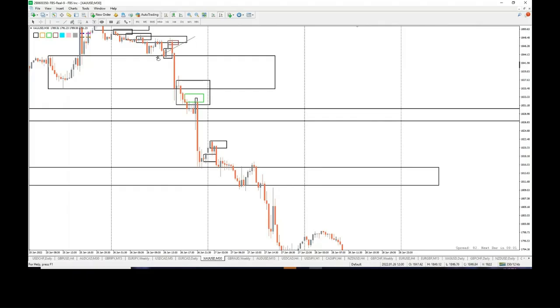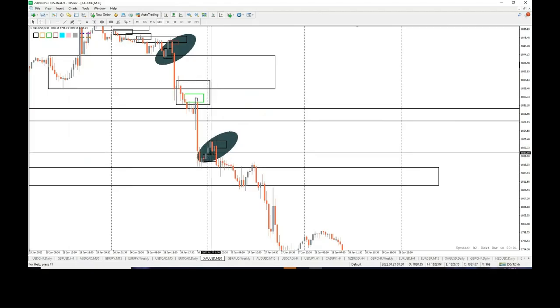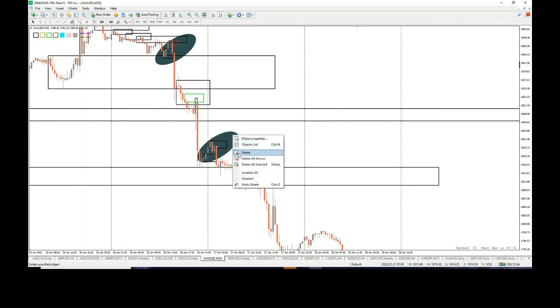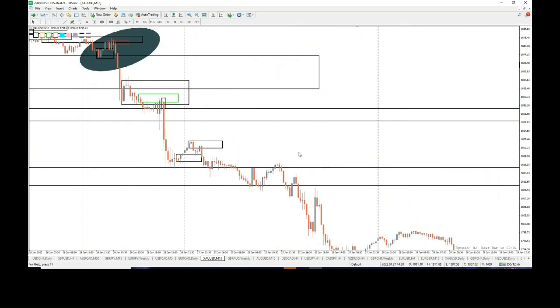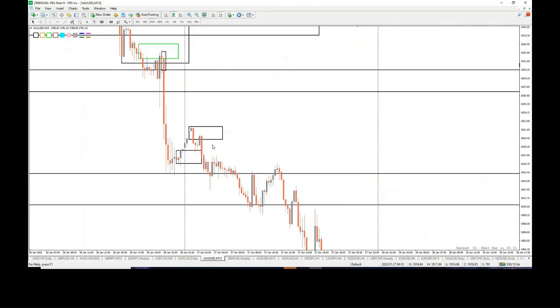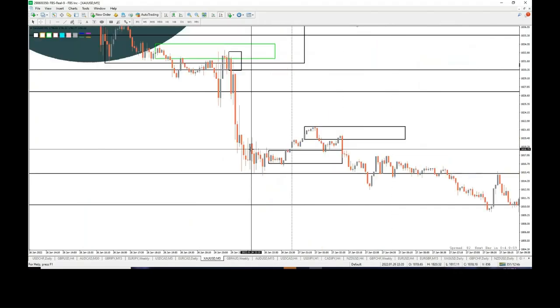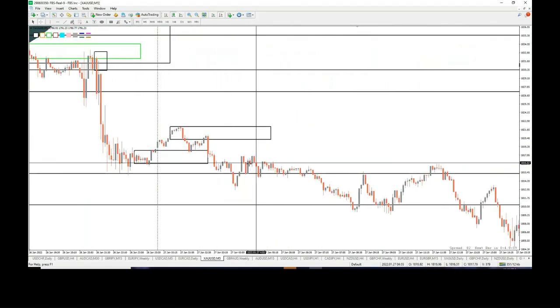You would end up having to sell again. Why? Because when the price is going here, there's a confirmation for sell on M15 or M5, low time frame, of course.